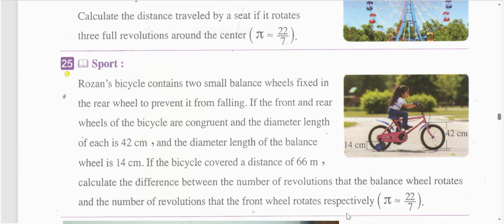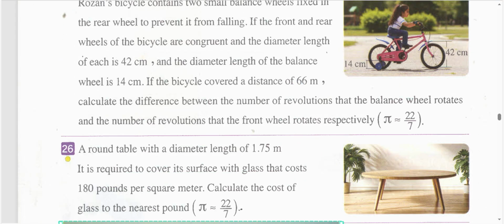Okay, first step we can find the first and second, and then find the difference between them. Circumference of the front wheel, and then find the number of rotations by dividing the circumference by 132. We can find the circumference 132 and then divide. The number of rotations, 66 meter. The long distance was 66 meter divided by the circumference.